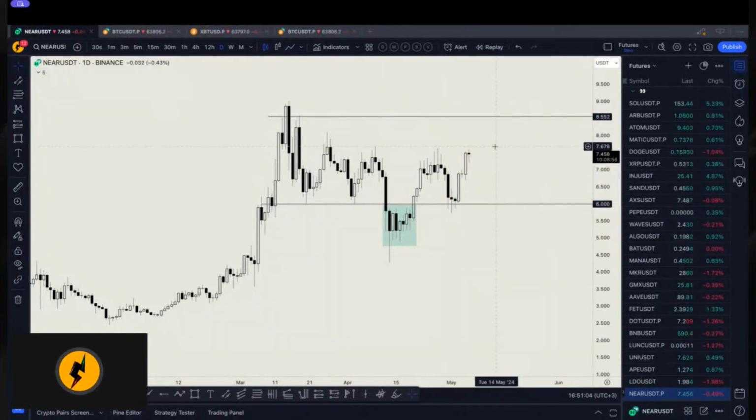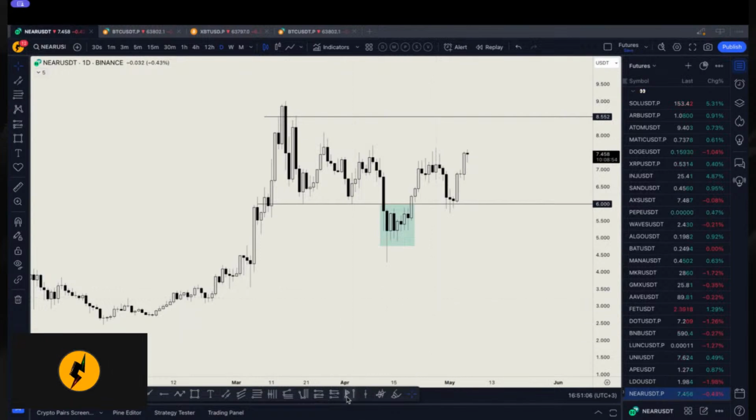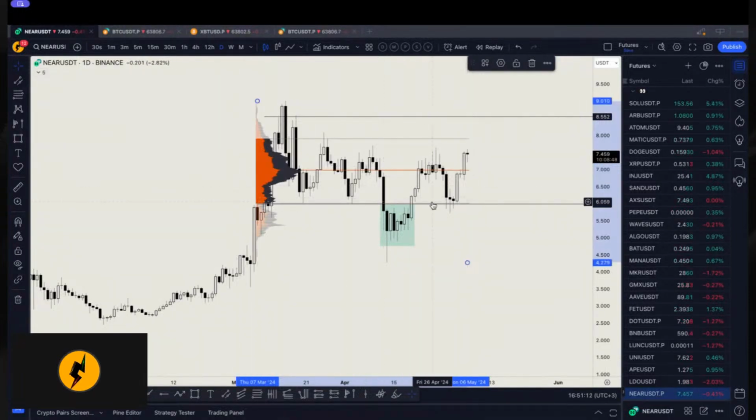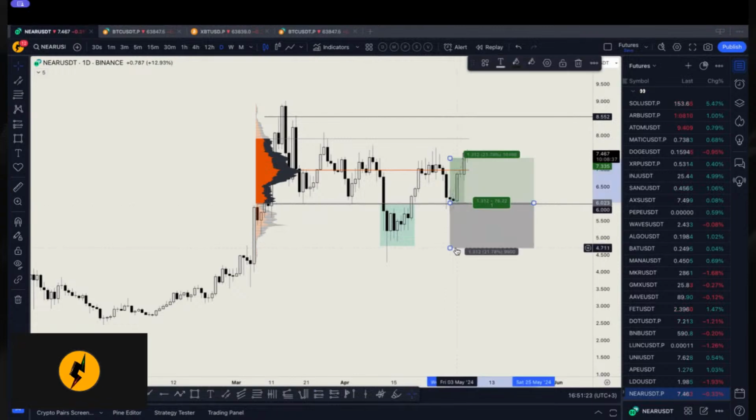And this one, of course, you didn't even need a market volume profile for that. But look at that. I have used volume profile a lot, so I know for a fact that they're kind of aligning together. But yeah, you see, double deviation confirmed here. You wait for the retest.